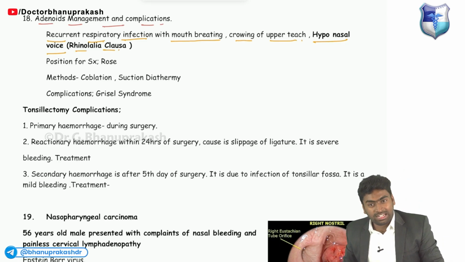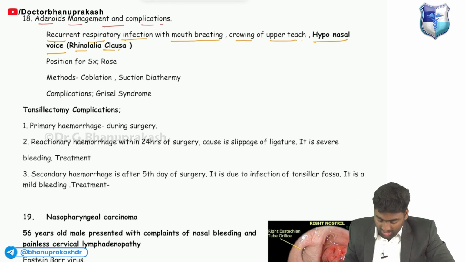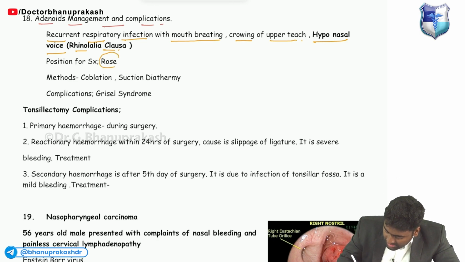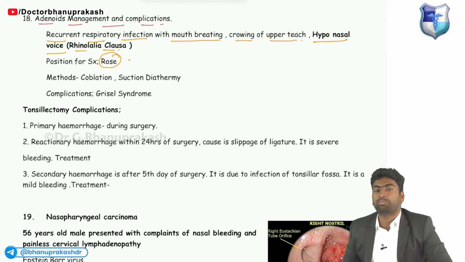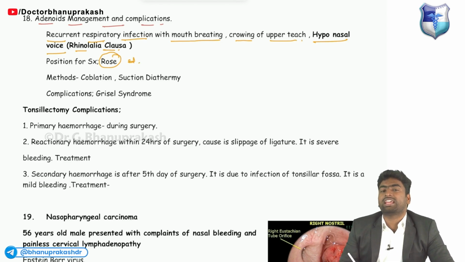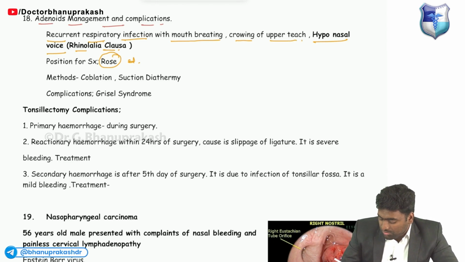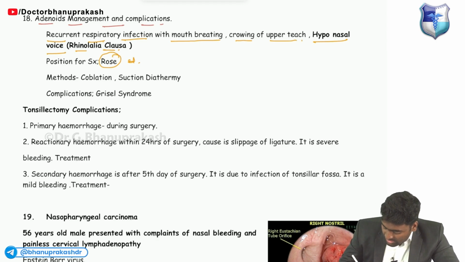Because of this rhinolalia clausa there will be hyponasality, a hyponasal voice. So for adenoidectomy, to remove them, we'll do surgery. For surgery, we'll position them in what is known as the Rose position, meaning we'll extend them around the cervicothoracic junction to see the field. Next, how will you do?